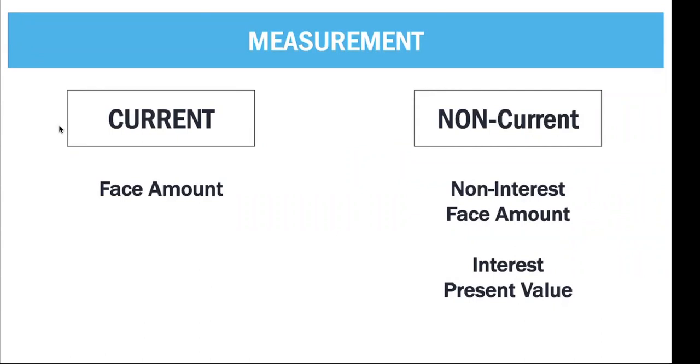But if it's non-current and non-interest, you measure it at present value. If interest bearing, you measure it at face amount. This is just like your assets, if you still remember. If non-interest, present value; interest, face amount.